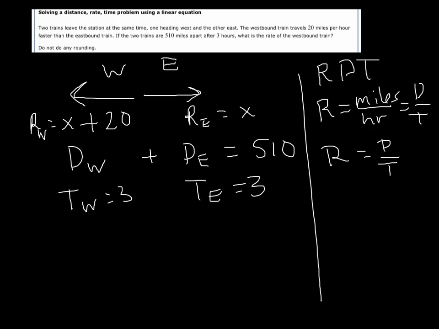And then I can rearrange that by multiplying by t, and if I need to, divide by r, whatever I need. I know that if I can come up with an algebraic expression for the distance of the westbound and the distance of the eastbound, then I could use that equation. So I want to solve this for d so that I've got distance equals rate times time.